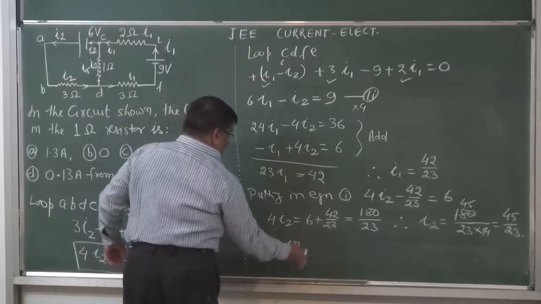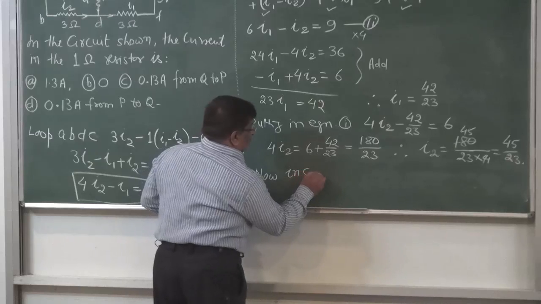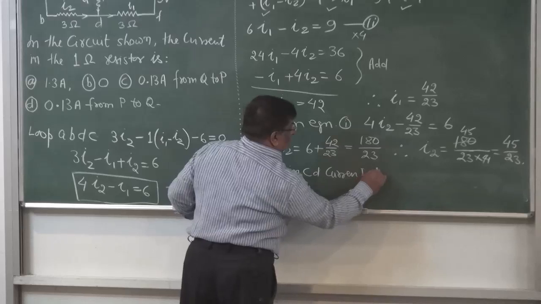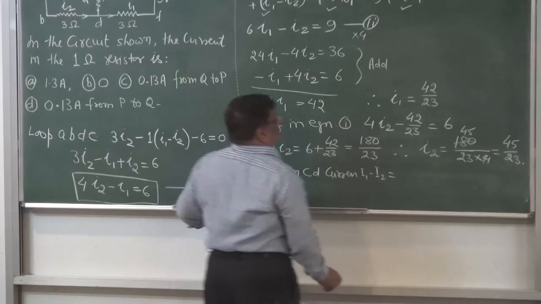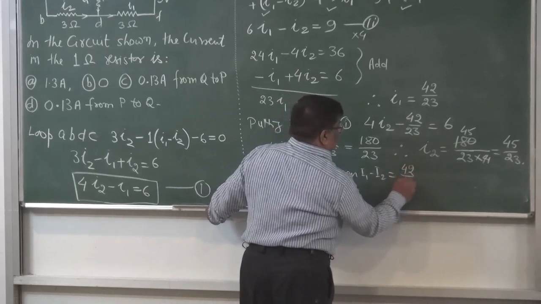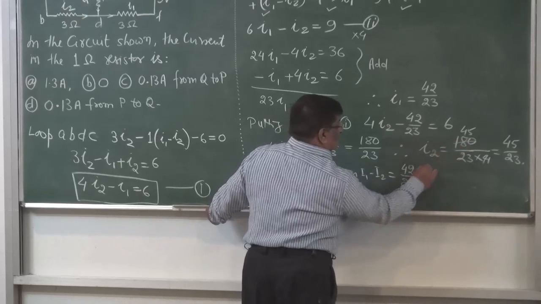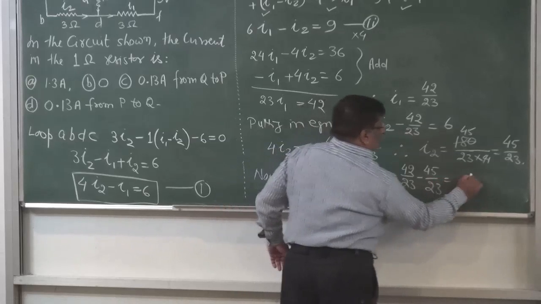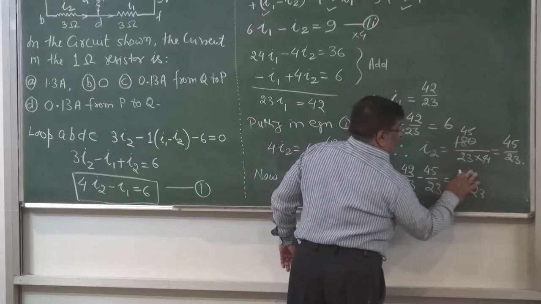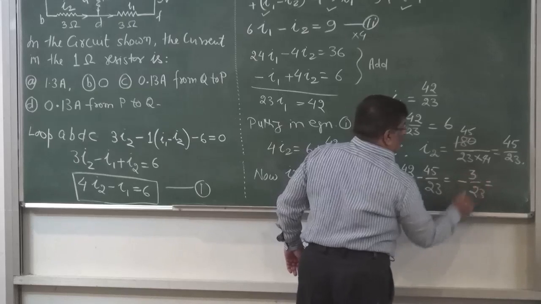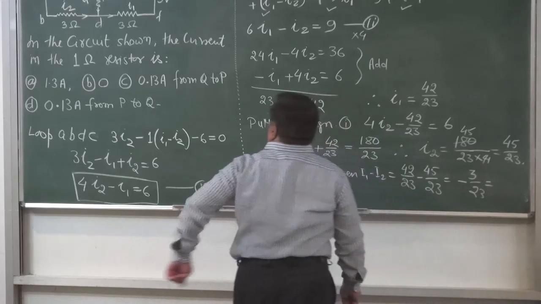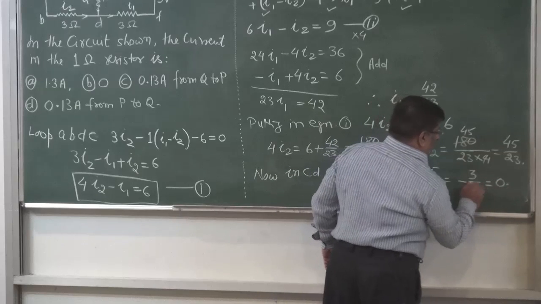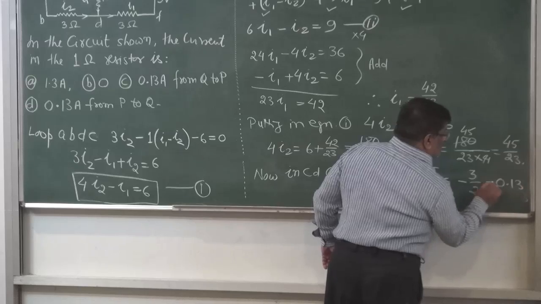In CD, current I1 minus I2 is 42 upon 23 minus 45 upon 23. This is equal to minus 3 upon 23, which is equal to minus 0.13.